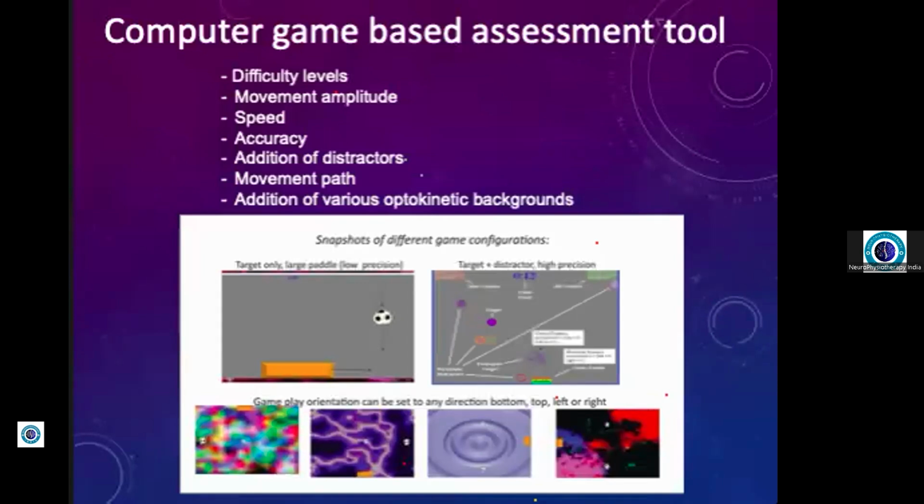Of course, you can see the success rate, you can see the score, but you can also see the accuracy, you can also see the speed, you can see the frequency, and it can be adjusted based on each participant for their difficulty levels, for the number of distractors on the screen, changing the paddle size or your target size and speed, and adding different backgrounds and many other components that you're seeing on the screen right now.